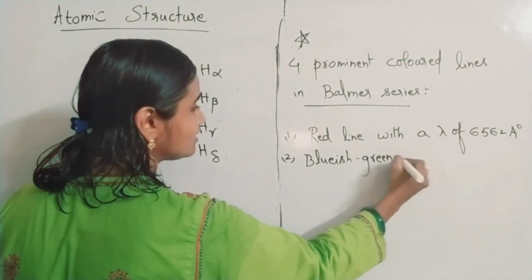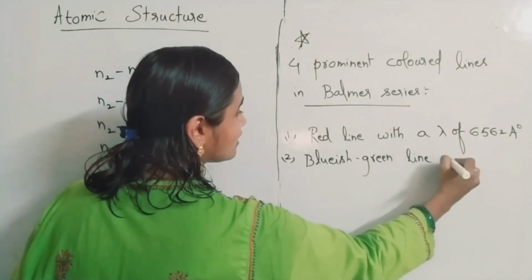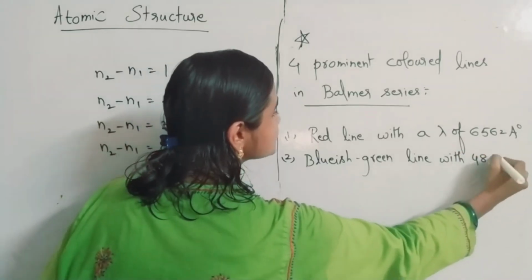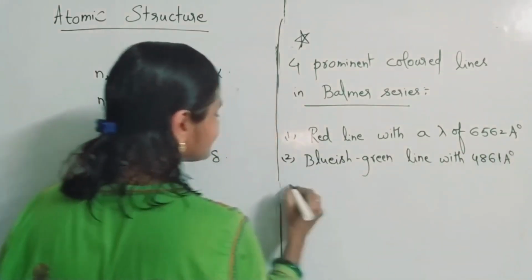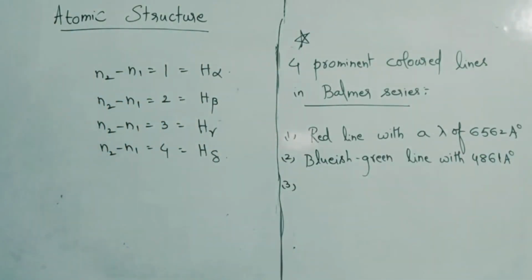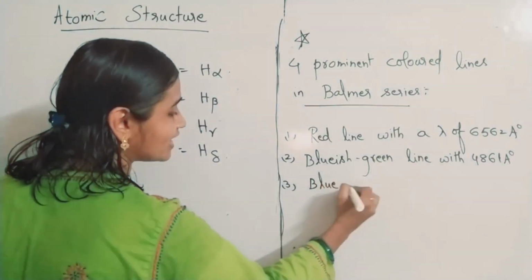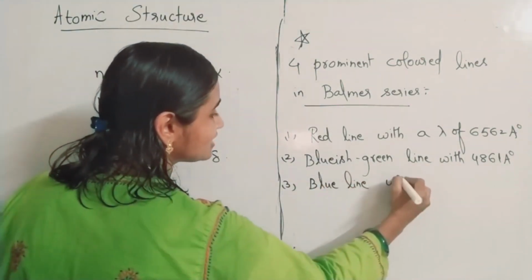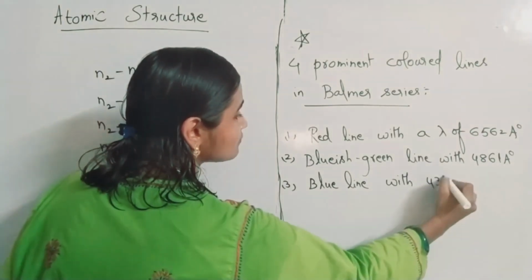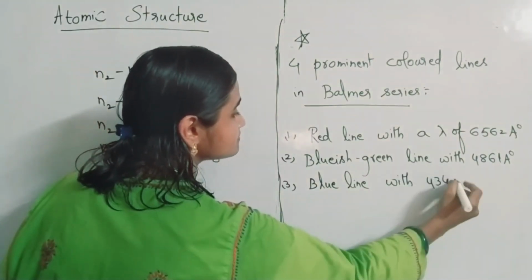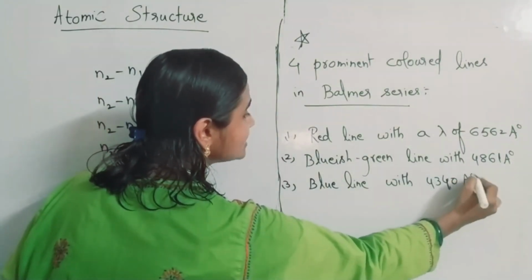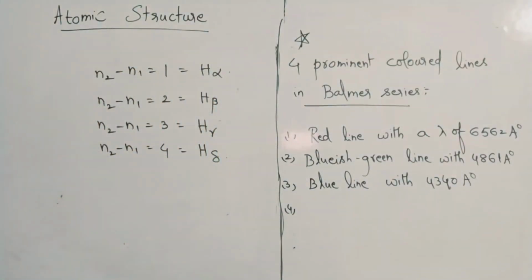The third important prominent line is a blue line with a wavelength of 4340 angstroms. These are the prominent colored lines which are observed in what? Balmer series. Please remember these points.